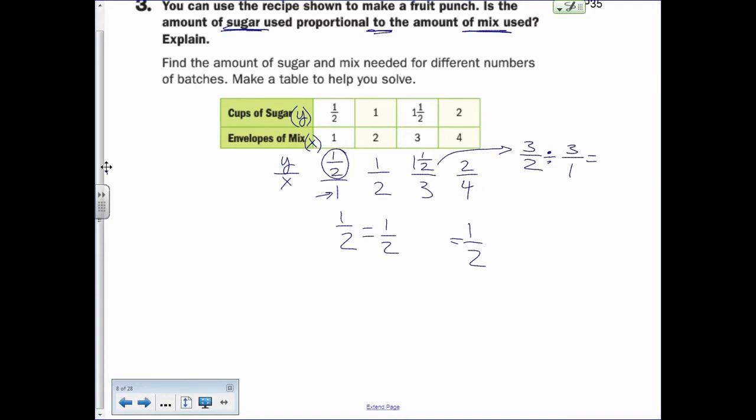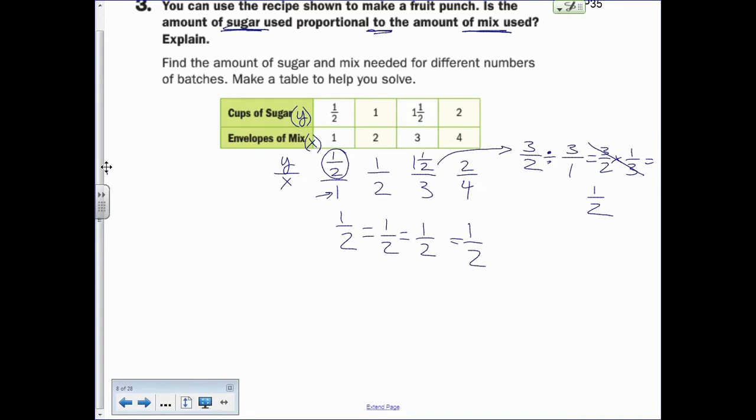We would keep change flip and get 3 over 2 times 1 over 3. Our 3's will cancel out, and you can see that's going to leave us with 1/2. So 1.5 over 3 is also equal to 1/2.